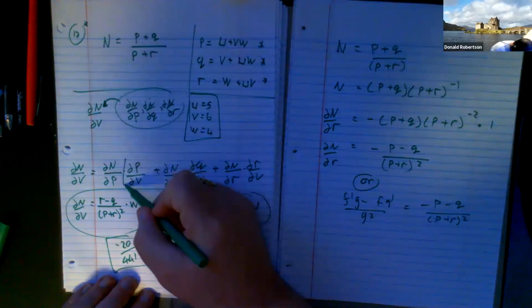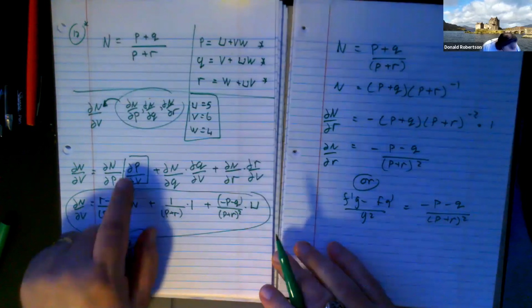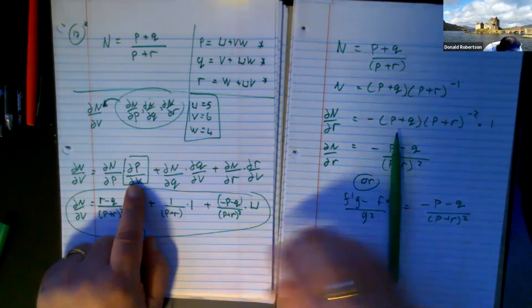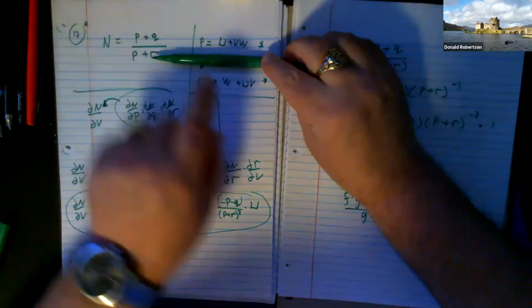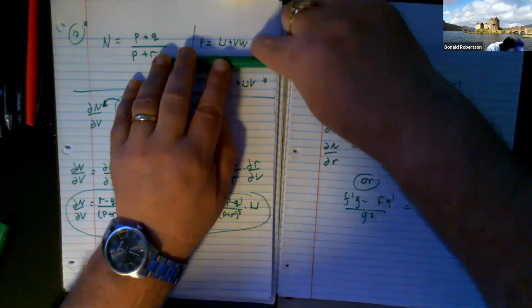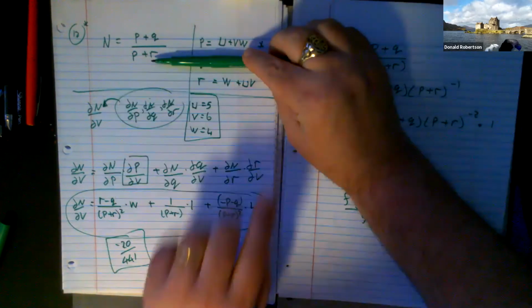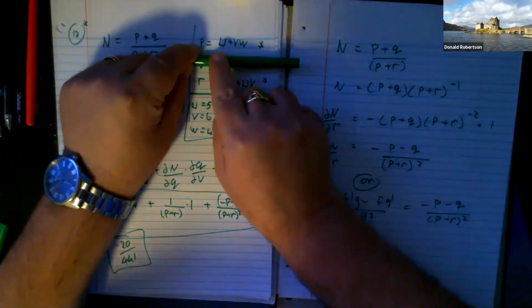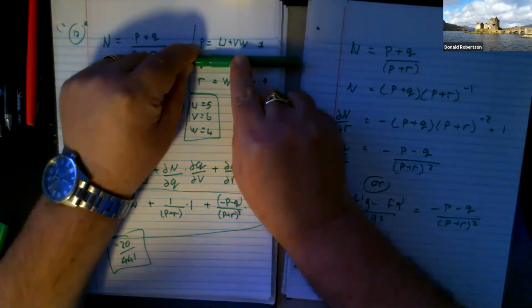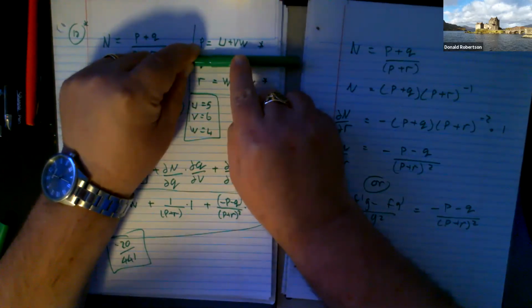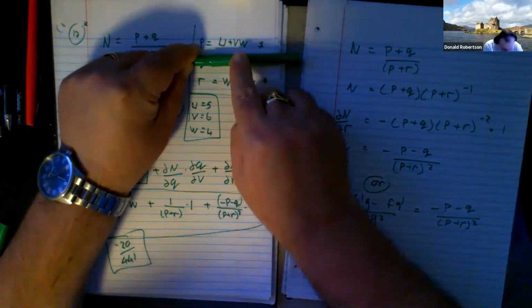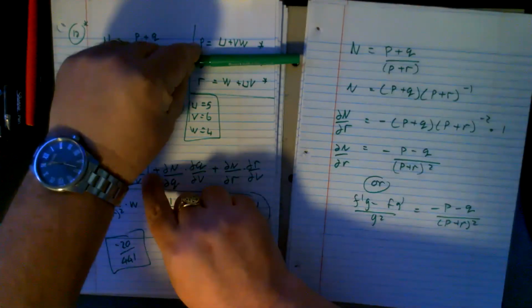Right. This piece here, the partial derivative of P with respect to V, right, I'm going up there, and I'm differentiating this expression with respect to V. So that counts as 0, and that VW, when you differentiate it with respect to V, you get the W left over. Okay. Right.